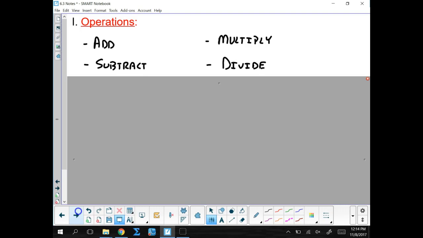Not an operation. That is all. Very, very good. There are only 4 operations in math. You can only add, subtract, multiply and divide. That's all you can do. Okay? So today, we're going to add, we're going to subtract, we're going to multiply, and we're going to divide.